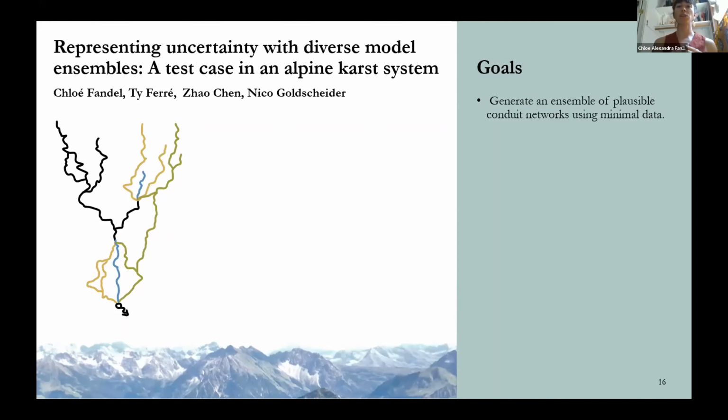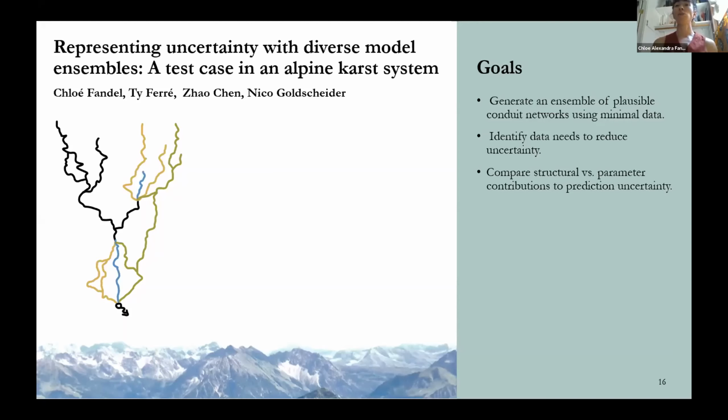So we wanted to start with just the bare bones and then see how that worked, and then add in data gradually as we went to try to figure out what the minimum necessary data would be. And then once we have that ensemble of multiple different networks that could exist in a given system, we wanted to identify what specific data is the most useful to add, so that we can prioritize field data collection efforts and resources.